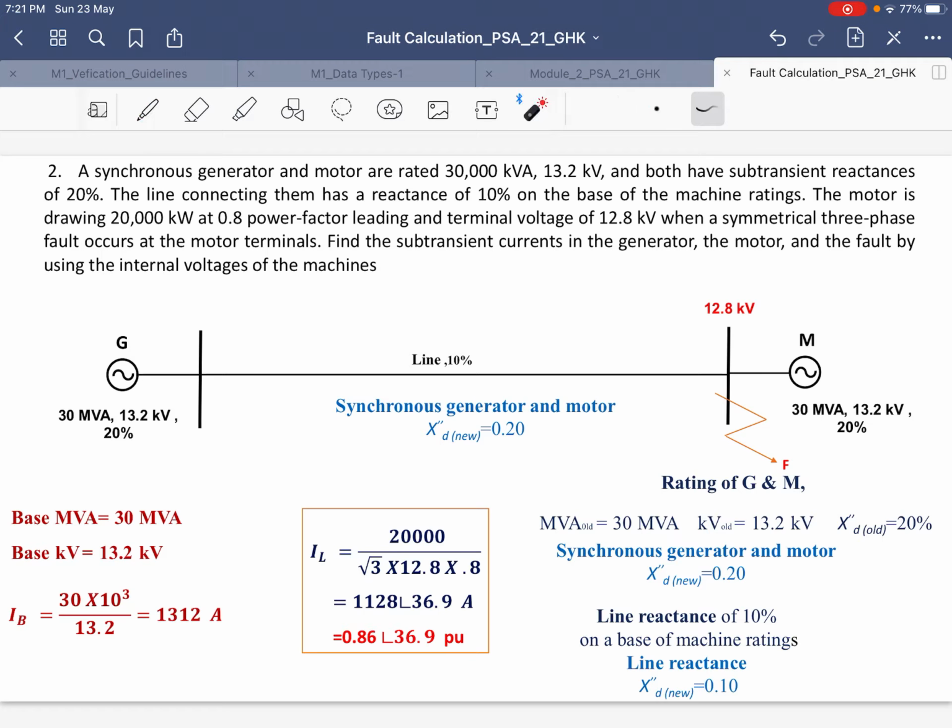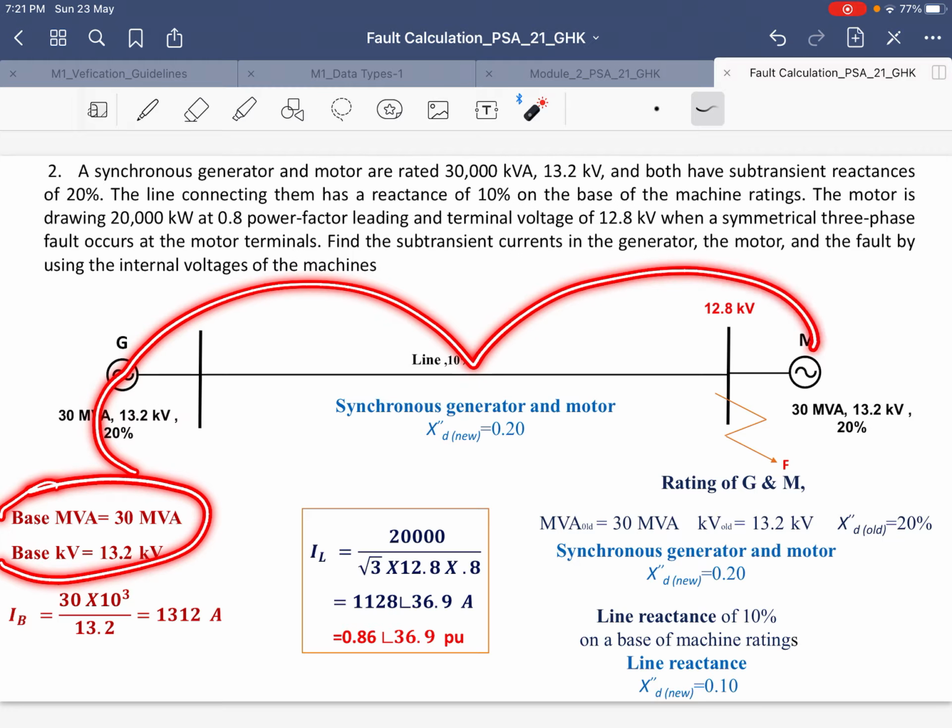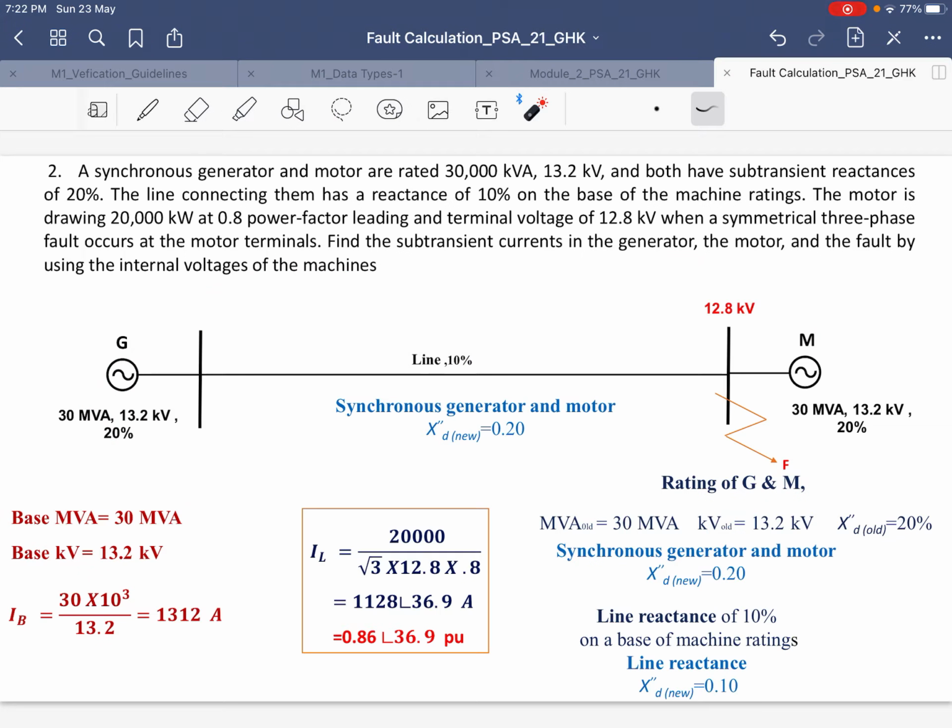Therefore, what I am choosing here is base MVA of 30 MVA and base kilovolt of 13.2, in the generator circuit, or you can take any part of the circuit, because in between there is no transformer here. Once you choose this base quantity, it holds good for all the components, because as such there is no transformer in between.